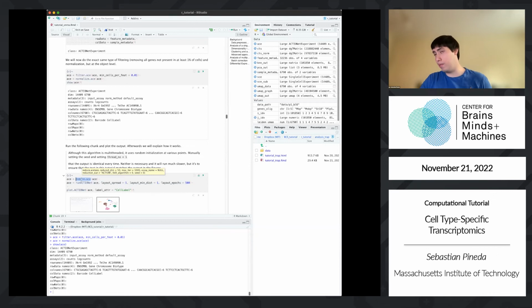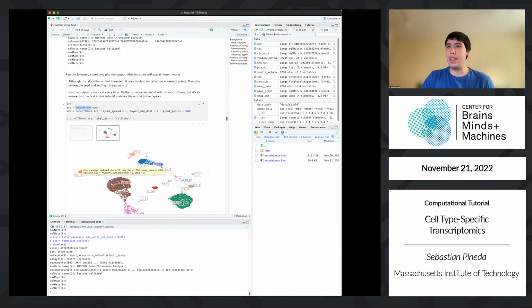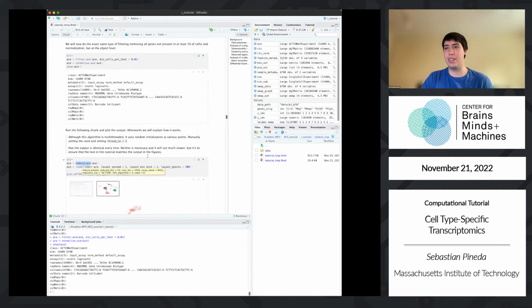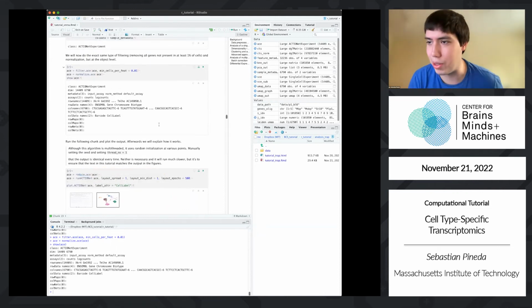And what this does is first, it's going to, well, oh, I spoiled it. First, it's going to do SVD, which is almost PCA. But what we're going to do is we're going to remove uninformative sources of variation. So every single cell is going to express the same set of housekeeping genes. And those housekeeping genes, there's not just a few of them, there's a lot of them.